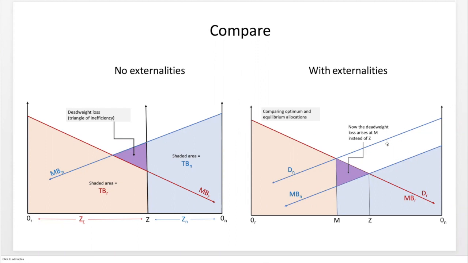The market demand curve overstates the net benefits associated with non-residential uses in this example due to the presence of these negative externalities. So in fact, this analysis points us in the other direction. It says the market allocation may not be optimal, and we may have a deadweight loss arising here. And maybe the planners who had chosen an initial allocation at Z were closer to the mark.